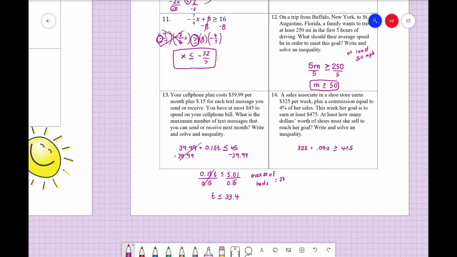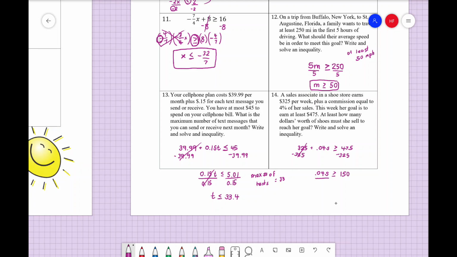So we're going to be solving for S. First thing I'm going to do, get rid of that constant. So I have 0.04S is greater than or equal to 475 minus 325 is 150.